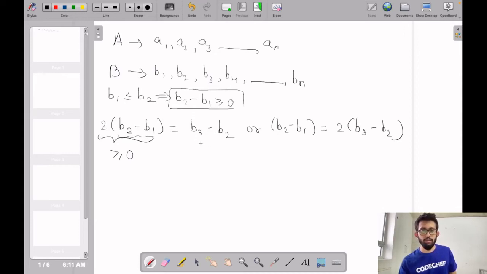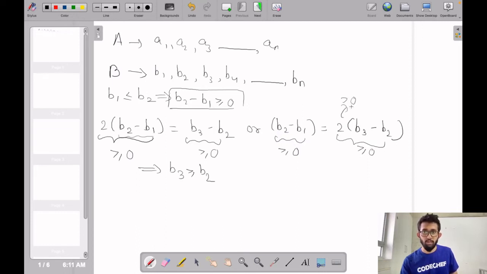So which means that this is also greater than or equal to 0, and that implies B3 is greater than or equal to B2. And similarly with this, if this is greater than or equal to 0, this expression is also greater than or equal to 0. As 2 is positive, this should be greater than or equal to 0, which implies B3 is greater than or equal to B2.